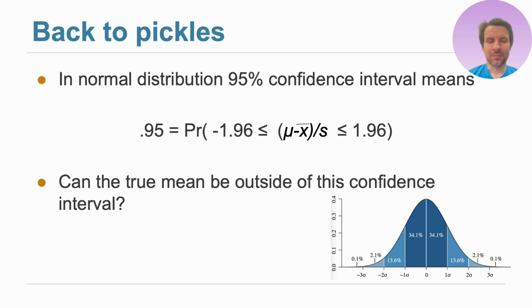Right? So the confidence means that it's not a probability that the true mean is in the interval with 95% chance. You are just confident that it is there with 95%.